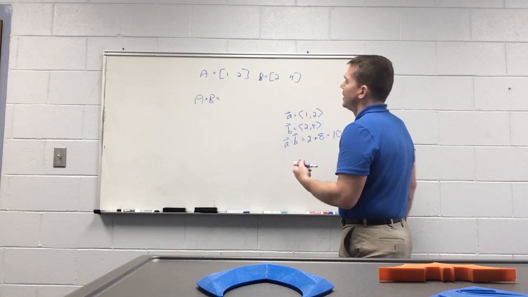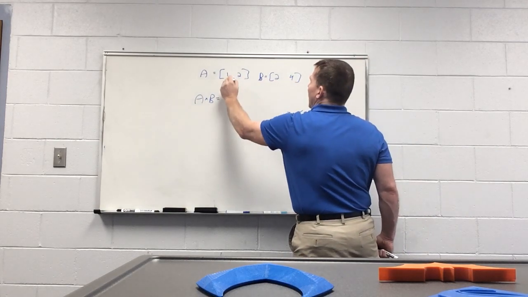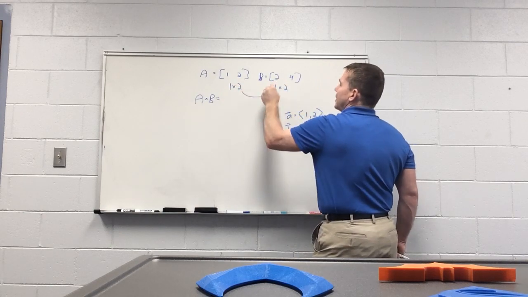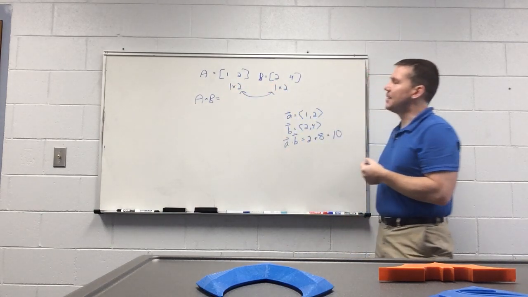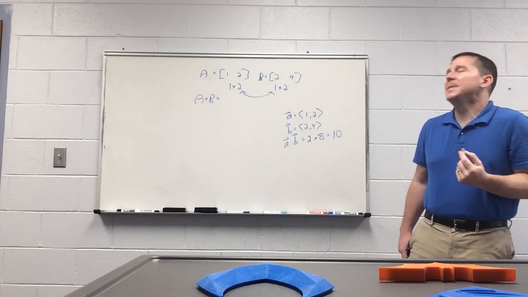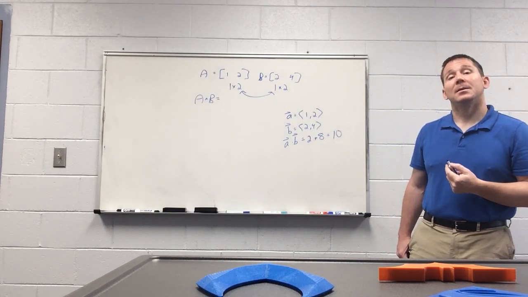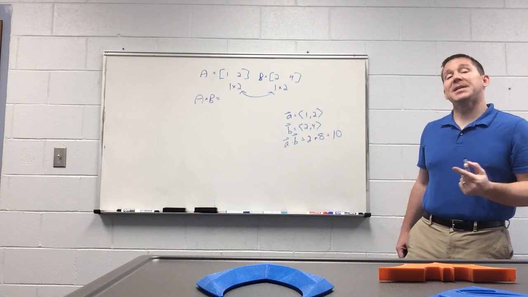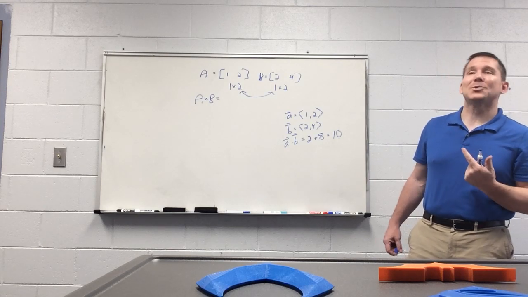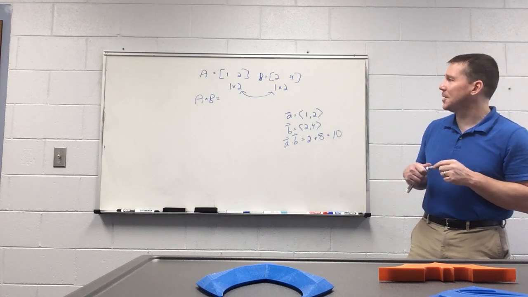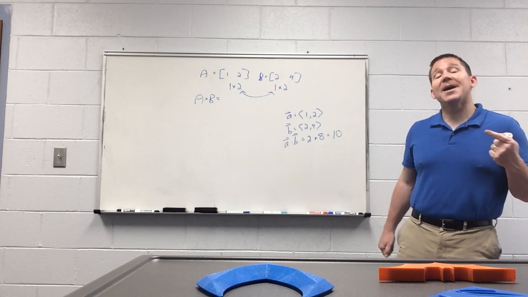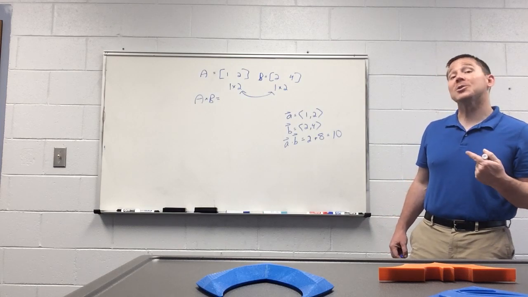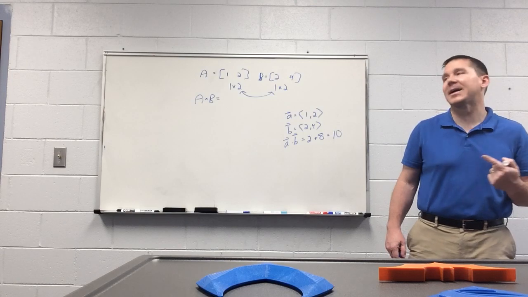Well, the problem is, this is 1 row by 2 columns. This is 1 row by 2 columns. And those are not the same, which means I can't multiply them. So I have a problem. But there is actually a trick here, which we mentioned at the beginning of this lecture. We have row matrices, row vectors. We also have column matrices and column vectors.